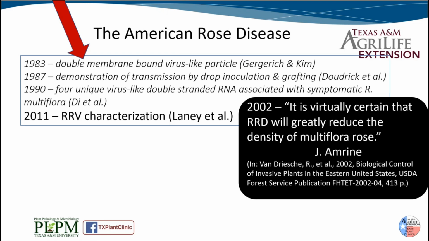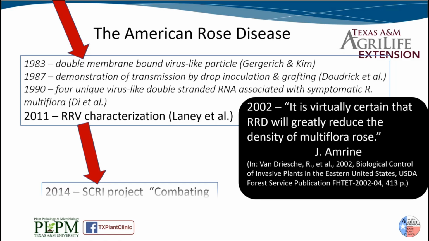That was in the context of utilizing rose rosette as a biological agent to manage multiflora rose, which is considered a nuisance plant. So it was utilized by the federal government in some areas as a plant control agent. And in one sense, it is an explanation of how this thing got spread around the United States in a pretty rapid fashion.